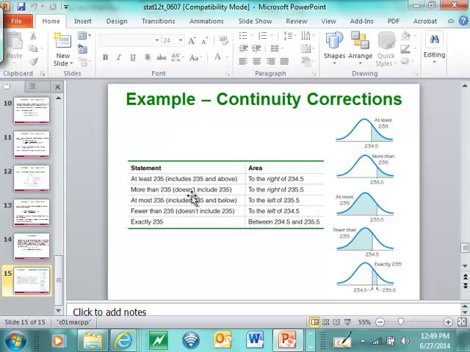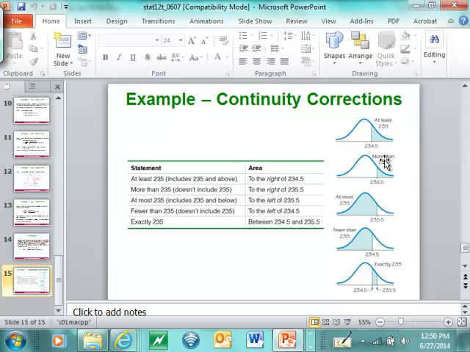So this right here is just going to tell us exactly how the continuity correction works. If we wanted to calculate the probability of having at least 235 successes, then when we use the normal distribution to approximate, we'll calculate the area under the curve to the right of 234.5 because we want to include 235.